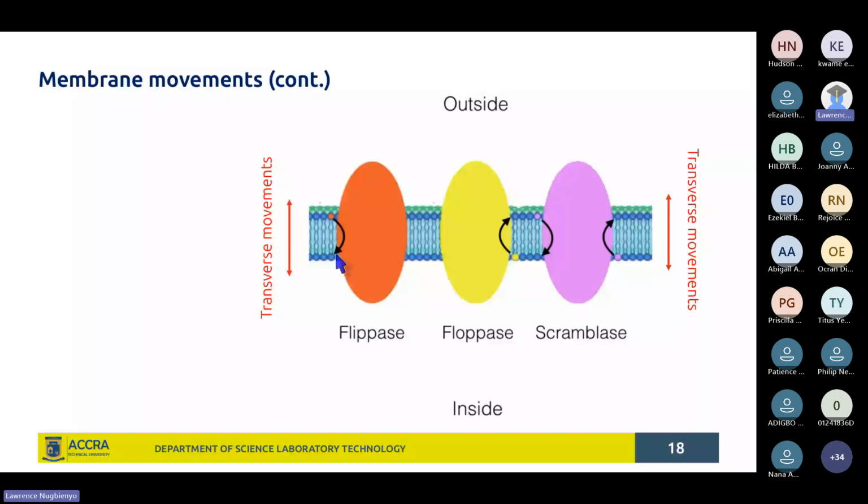Then you have floppase, that catalyzes the movement of a phospholipid from inside to the outside. So that's a flop movement. And remember that these two movements, the flip movement and the flop movement, that are catalyzed by flippase and floppase, are ATP dependent. There is expense of energy in these movements.